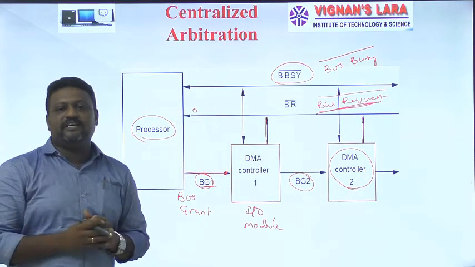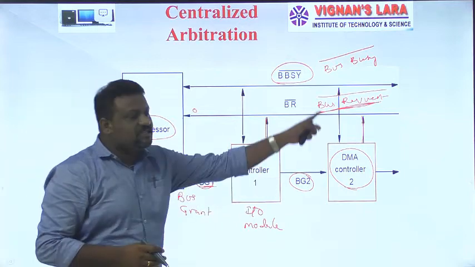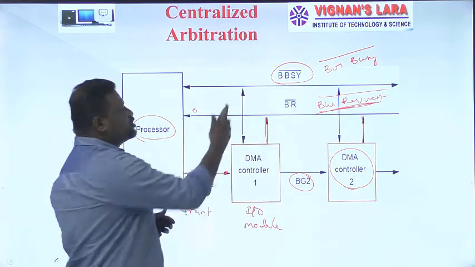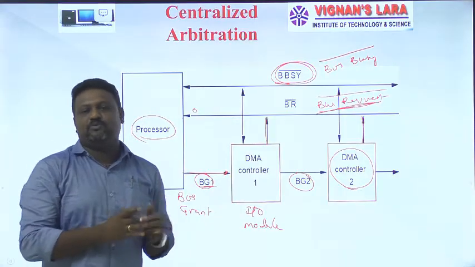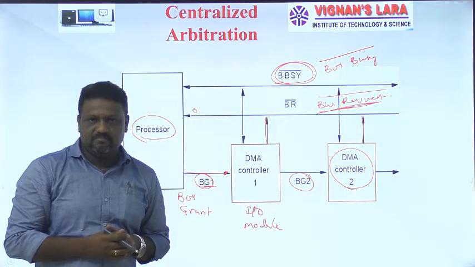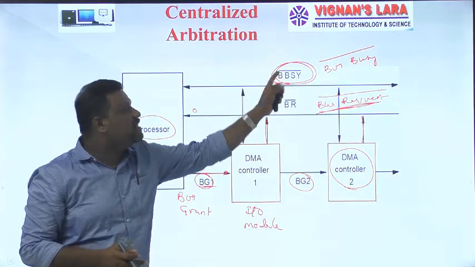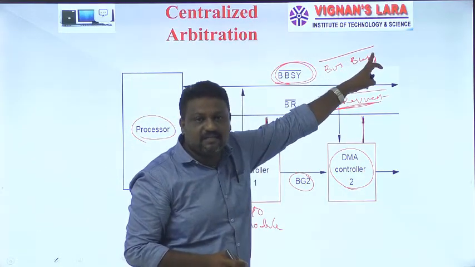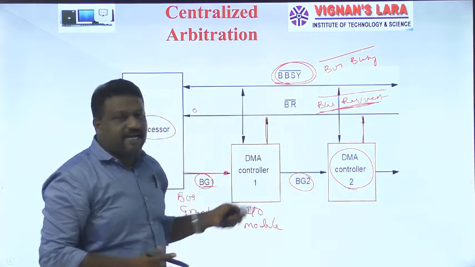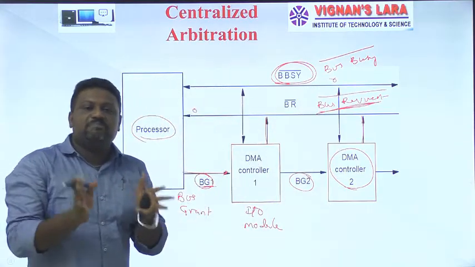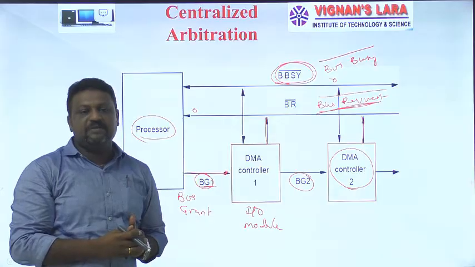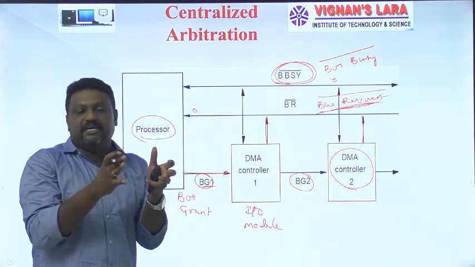But the important thing is, before sending a request, these devices first investigate the logic level on the BBSY bar signal, because BBSY bar is nothing but the bus busy signal. Whenever these devices identify logic 0 on it, that means the bus is already busy, already used by somebody else.